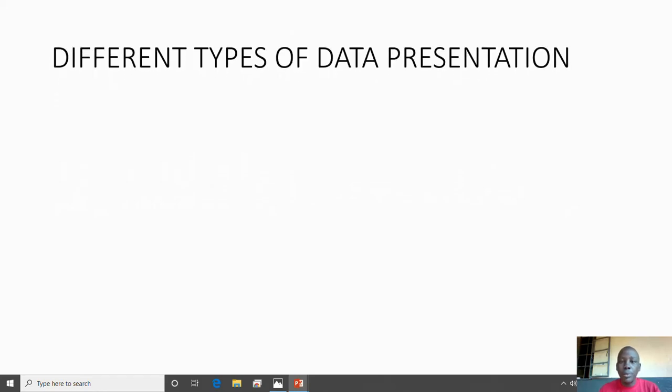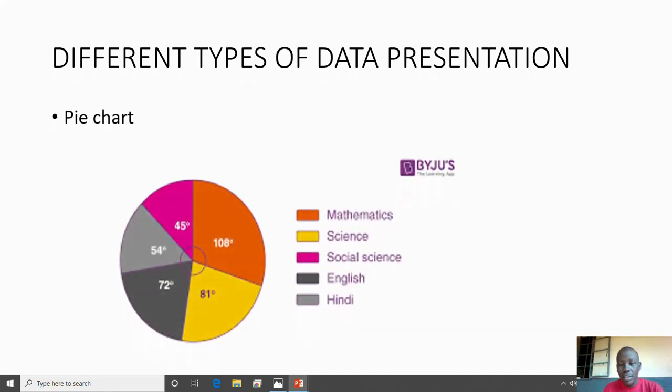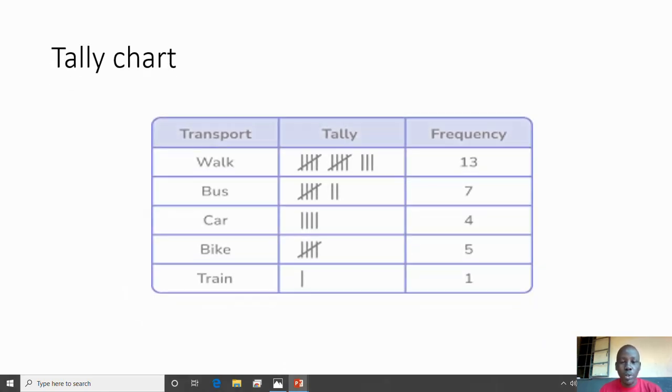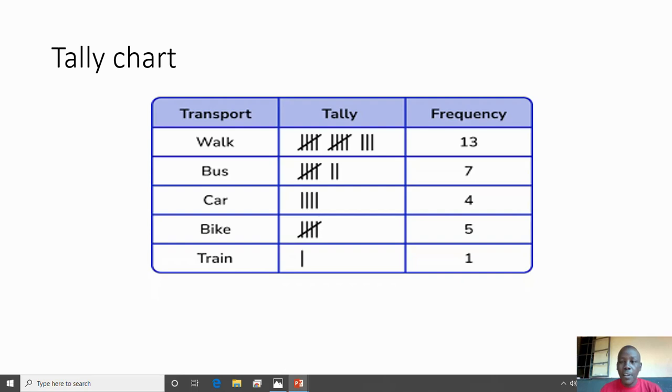We have different types of data presentation. We have a pie chart, and that's how a pie chart looks. I think you have seen that at your primary level. Then we also have a tally chart, which looks like that.